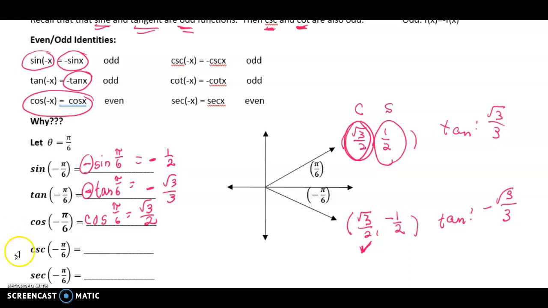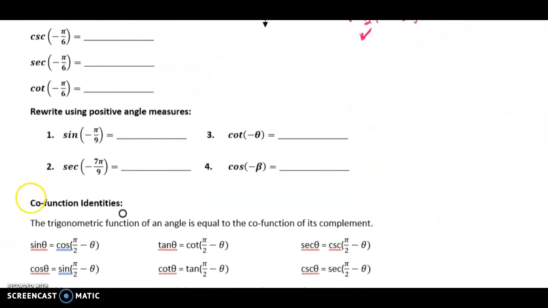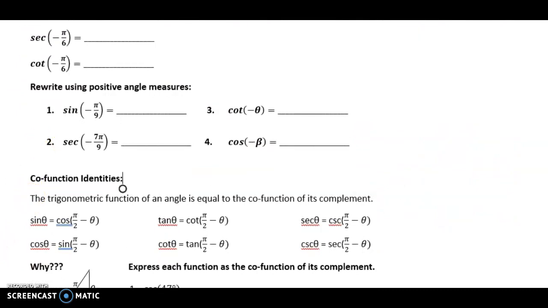And here are a couple examples down here. It wants to know the sine of negative pi over 9, and they just want us to rewrite using positive angle measures. It would be the negative sine of pi over 9. So sine, you're going to bring the negative to the front.